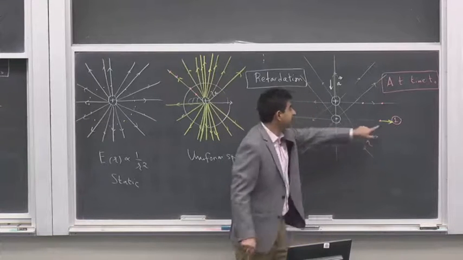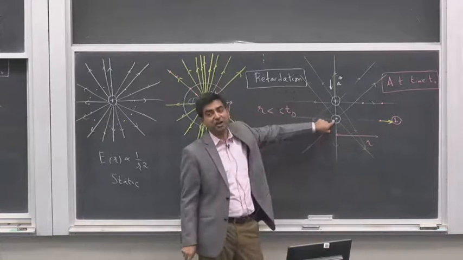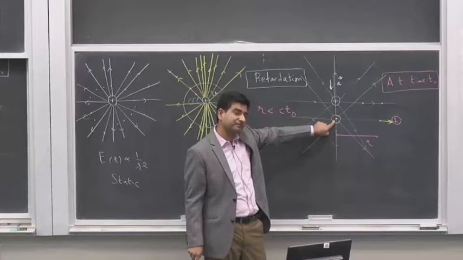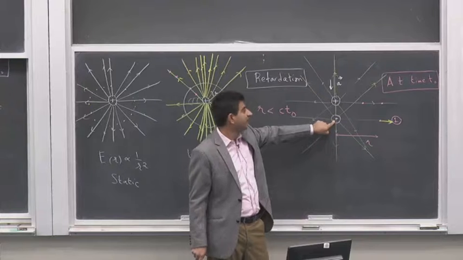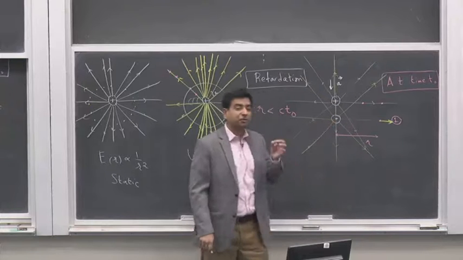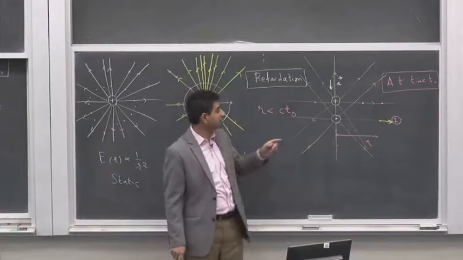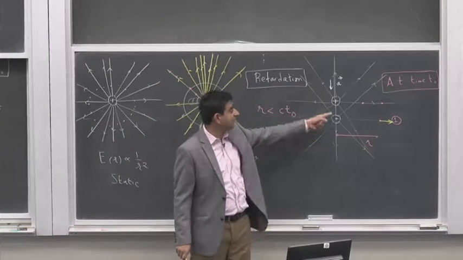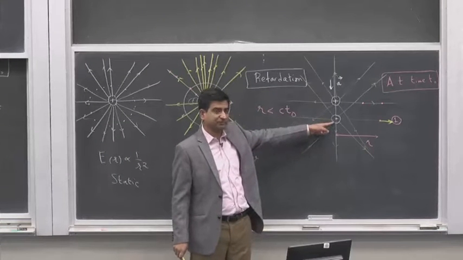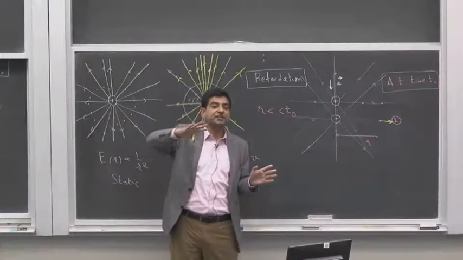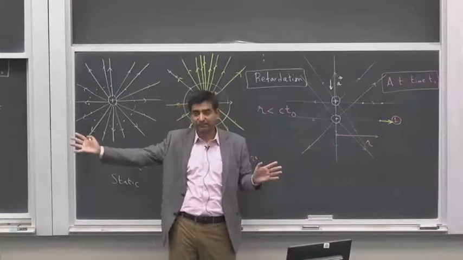This is the electric field information from this charge, because this is the position of the charge. Correct? The yellow lines show the electric field lines from a charge at time t naught in this position. The white lines show the older electric field from time t naught earlier.